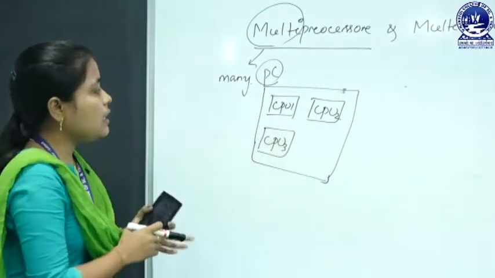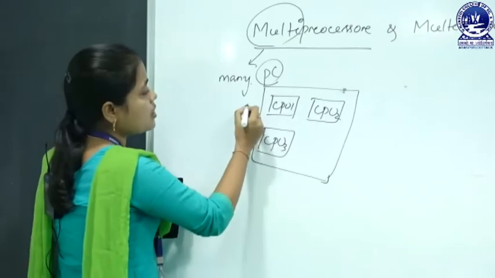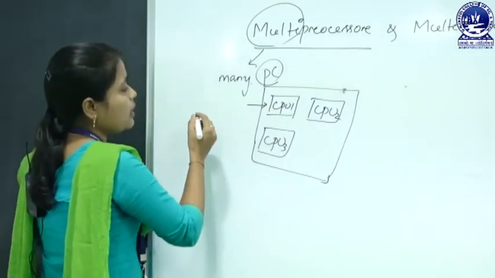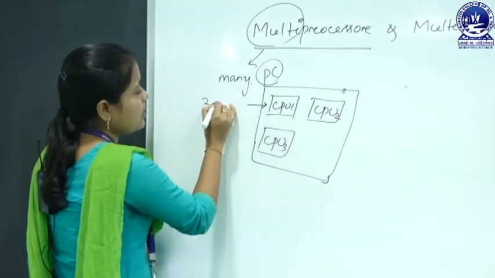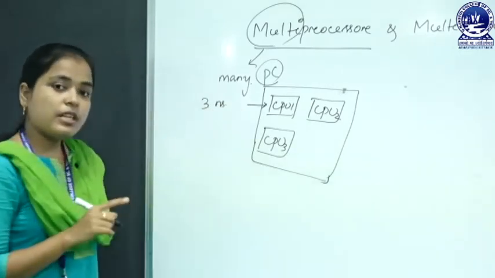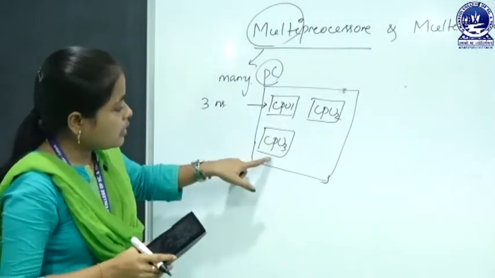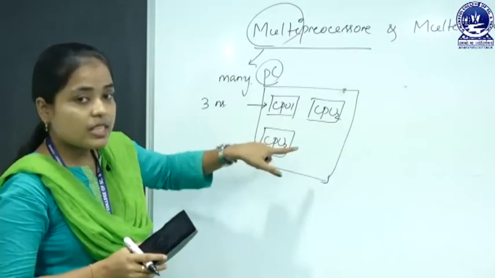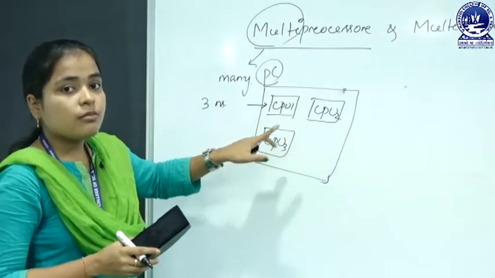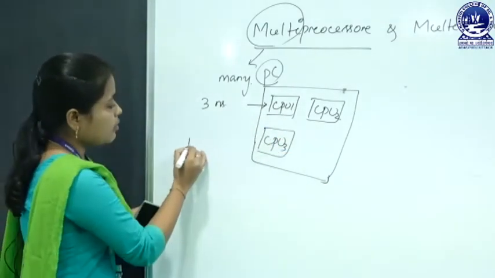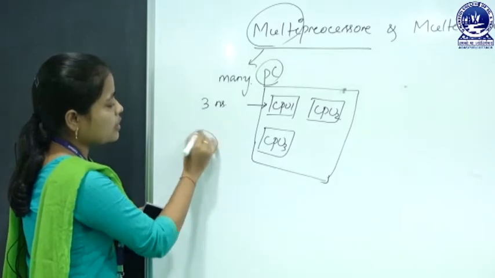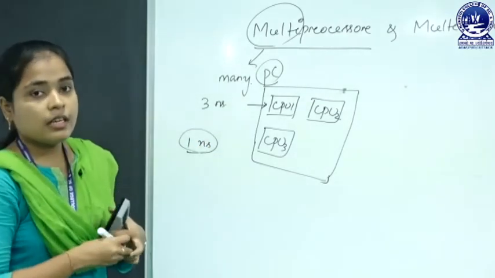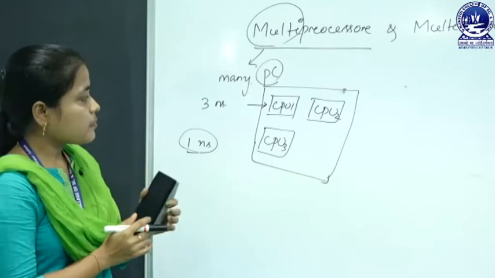So, you can imagine if one processor requires, let us say, 3 nanoseconds to execute a program, then if we use these CPUs at a time, what will it do? It may require less than 1 nanosecond to execute a program. Okay?